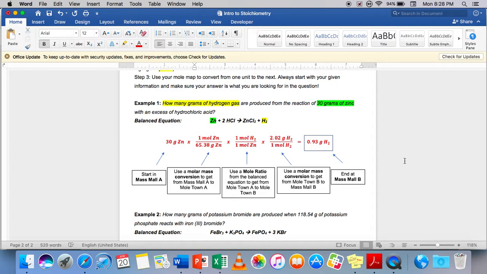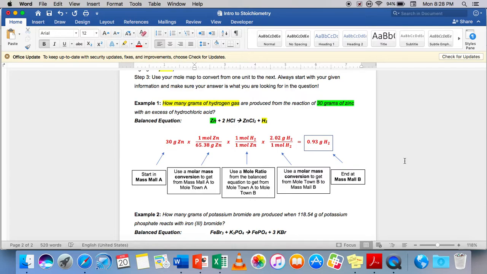So example 1 says: how many grams of hydrogen gas are produced from the reaction of 30 grams of zinc with an excess of hydrochloric acid? So we are given the balanced equation. It is already balanced. So now we can start with step 1, which is to identify our starting material.